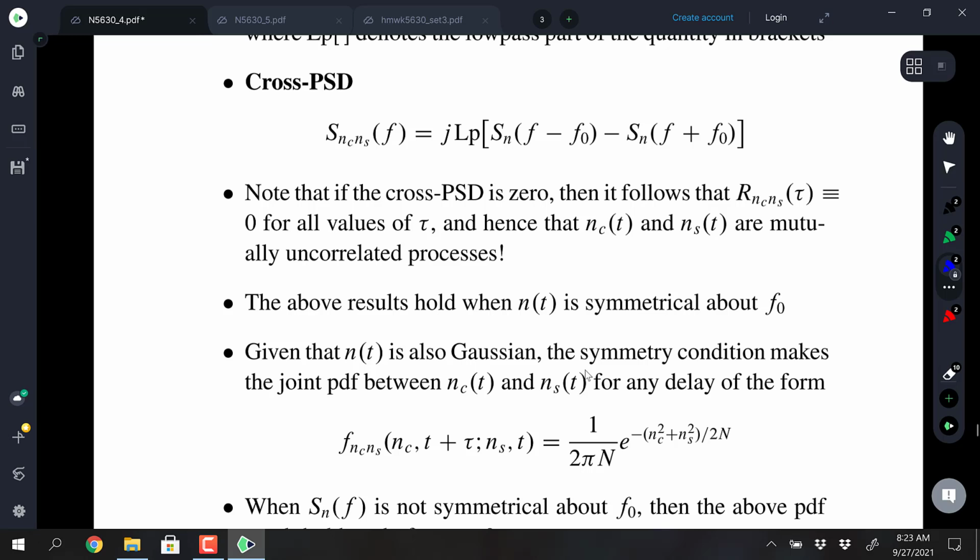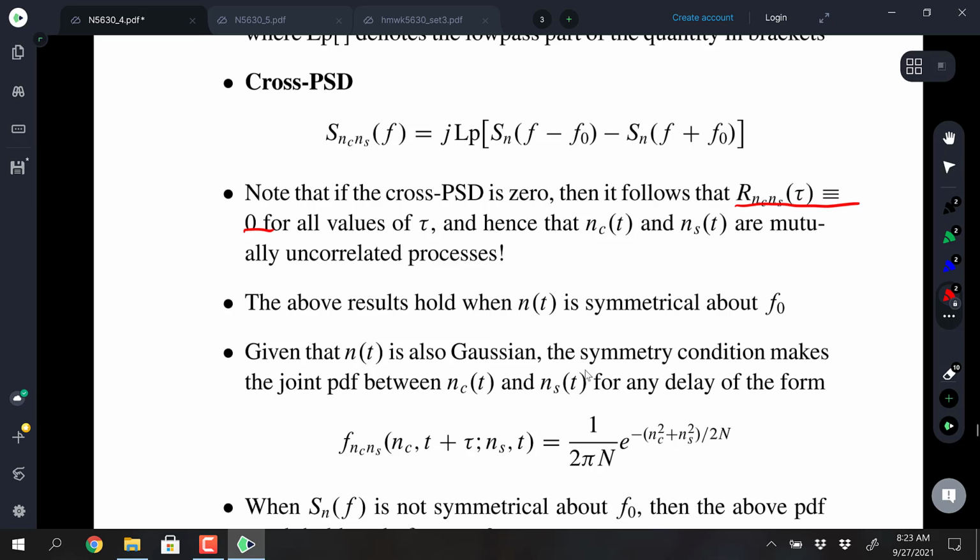One of the things we can observe about the cross spectrum is that it is identically equal to 0.